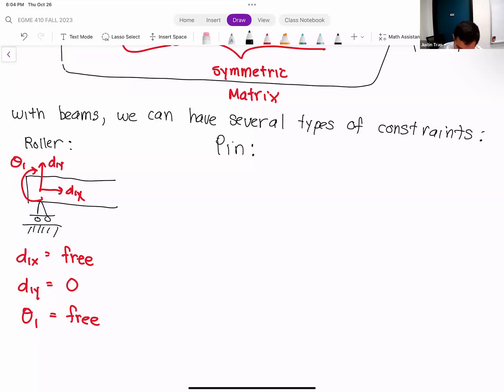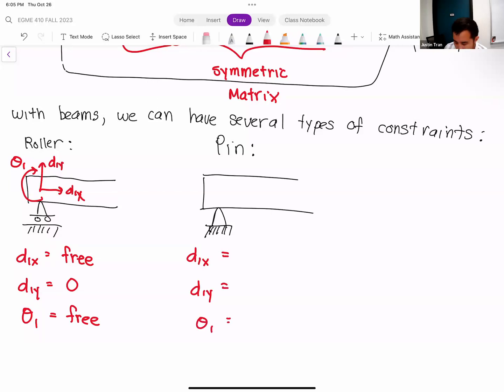Let's talk about pins. So pins is the one we see most commonly in trusses. Okay. So a pin typically looks like this, and so it's a support that's a triangle, and that triangle is fixed to the ground. Okay. And so just like before, I'm going to list out our 3 degrees of freedom here. So d1x, d1y, and theta 1. Okay.